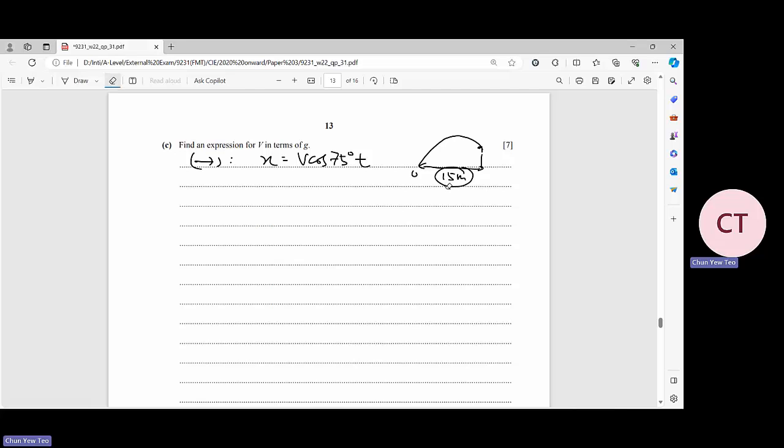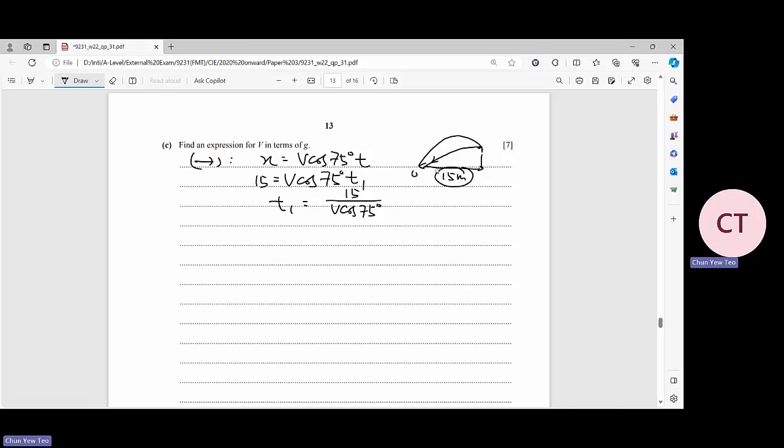So we have x equal to 15. The time that you are having collision is called t1. So t1 is equal to 15 over V cos 75 degree. That is t1. Now we want to find t2, after the collision.